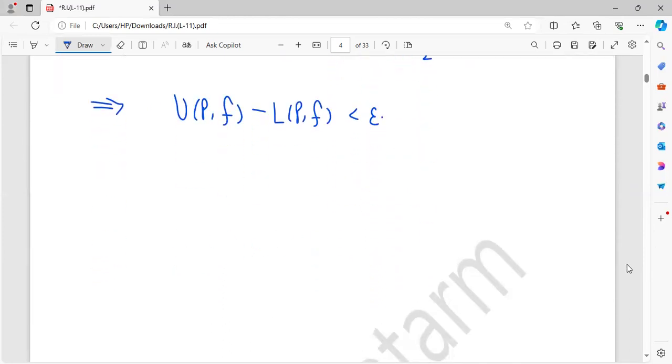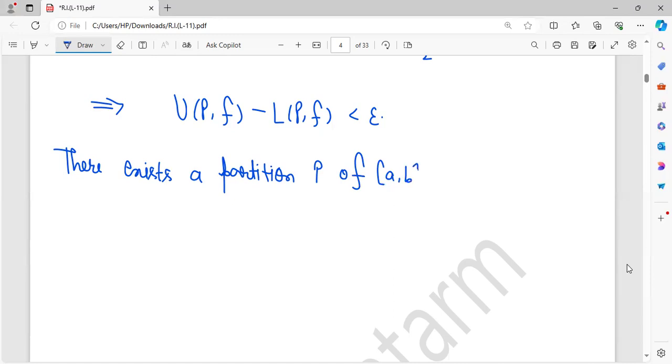So there exists a partition P of closed interval [a, b] such that U(P, f) minus L(P, f) is less than epsilon.